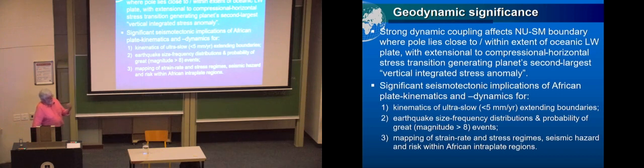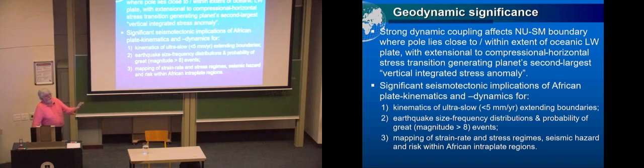There's been a tendency, because they haven't occurred in historical time, to say that along rift zones like East Africa, magnitude 8 events have never occurred in recorded history and therefore can't ever occur. We don't think that's true. You can have, and have had, magnitude 8 earthquakes along the East African rift system.